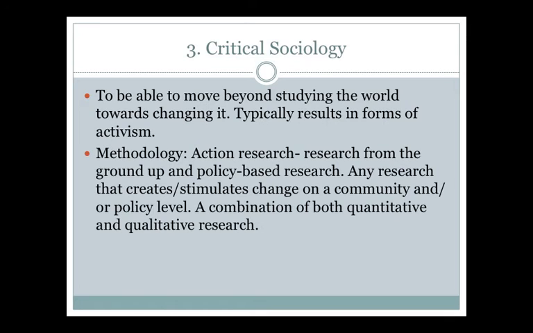So for example, if people wanted to improve violence in the home, that they might want to create policy or inform a policy, they could do statistical research on the issue and also perhaps interview people who are involved in violence in the home and then introduce it to the Senate or something like that as a way of changing society, hopefully for the better. So those are the three types of methods that I want you to know. So the first one is scientific sociology, second interpretive sociology, and then the last critical sociology.